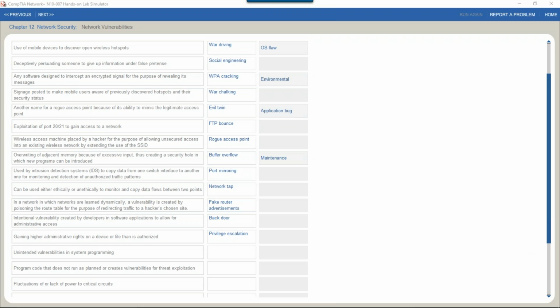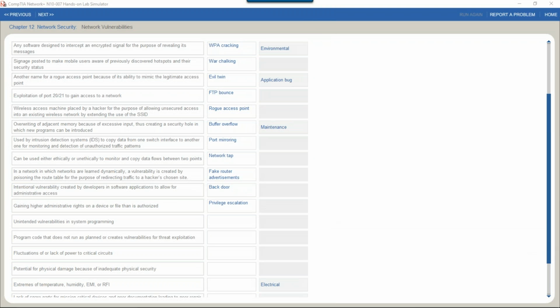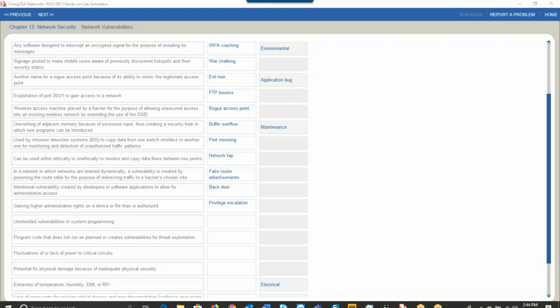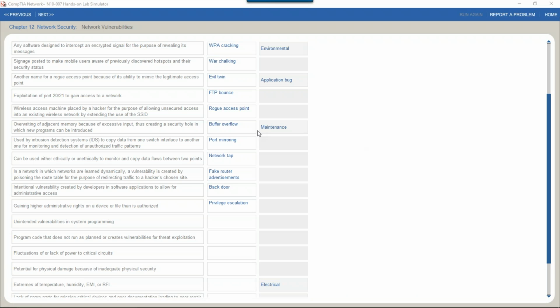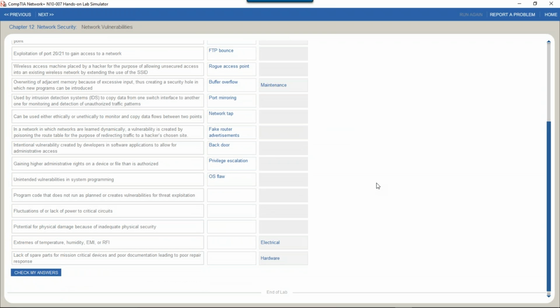Does anyone agree, disagree? Zach agrees. Okay. I didn't get any other ones, so we'll go with Kelly. Kelly says it's an operating system flaw, and I agree.